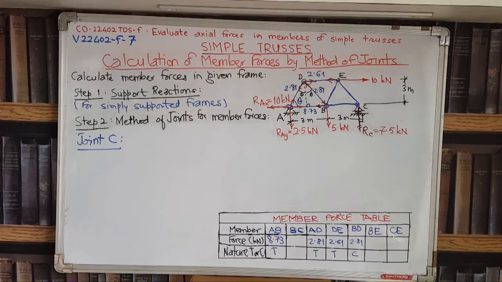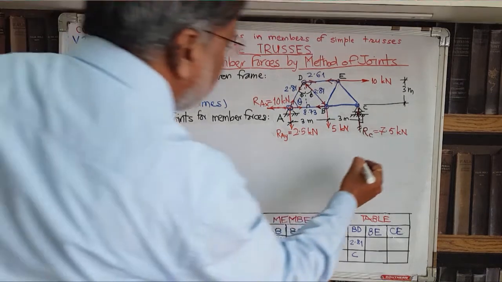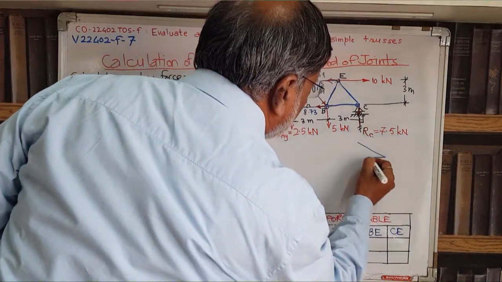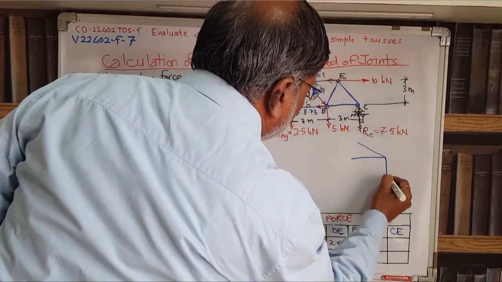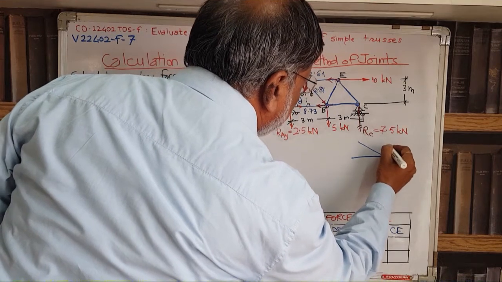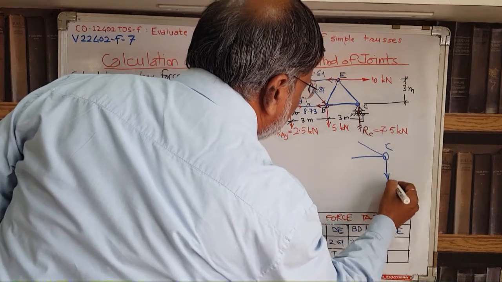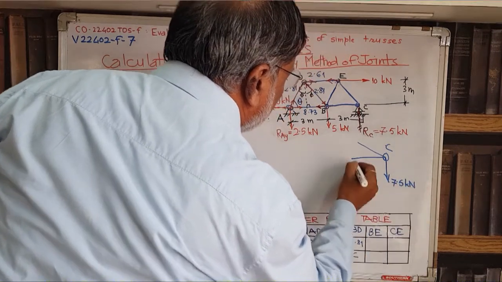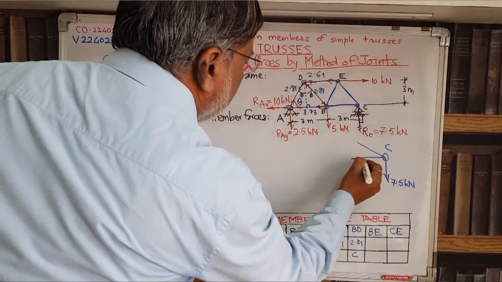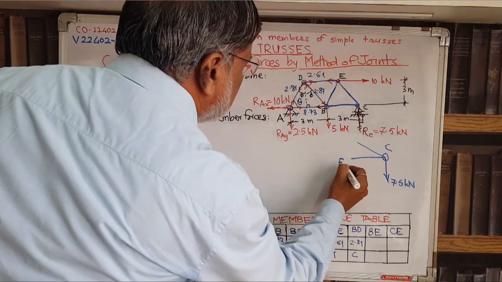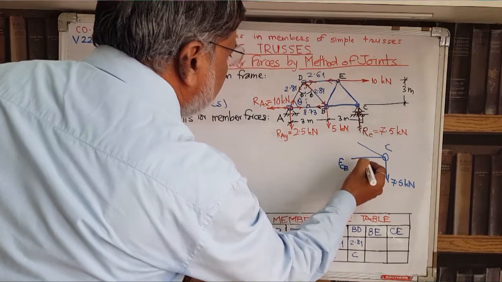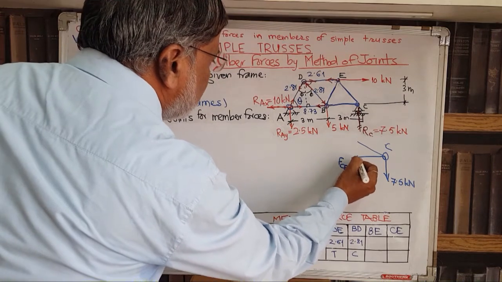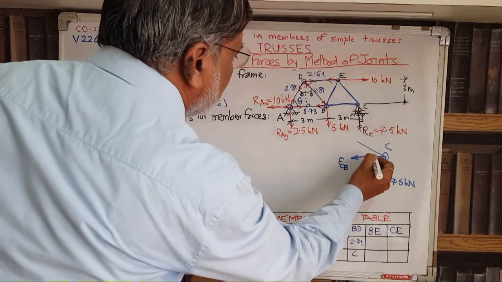So let us draw the free body diagram of joint C. We can see that there are three forces acting at the joint C. This is 7.5 kilonewton, already acting and its value is known. This is FCB, and its direction is not known, so we will assume the direction like this, away from the joint.